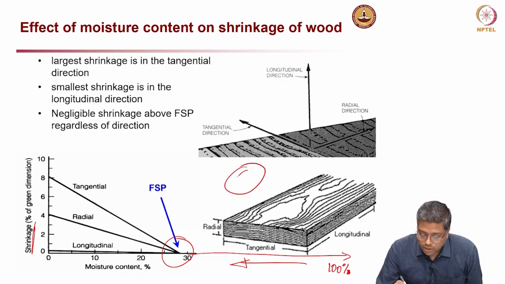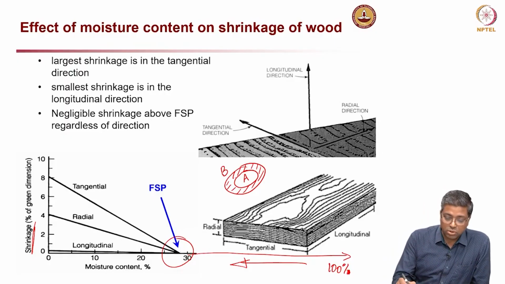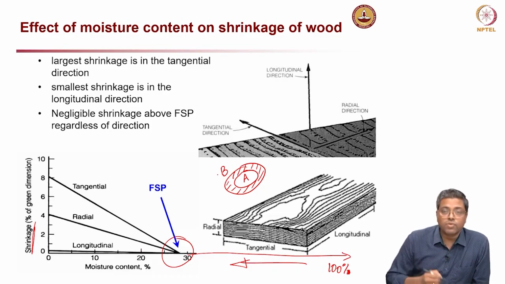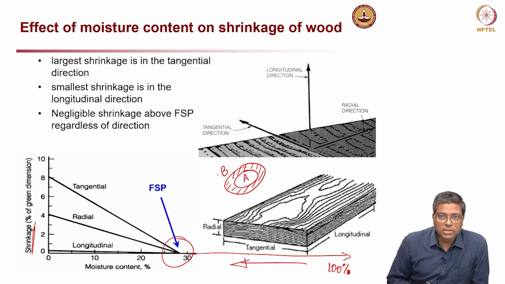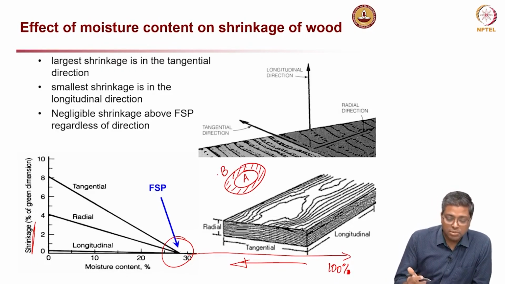So, this is what I drew earlier. This is the B region and this is the A region. So, water from the cell cavity is evaporated. After this 20 to 30%, as you further dry, you are removing water from the wall region, that is the B region, and that leads to a change in the properties.